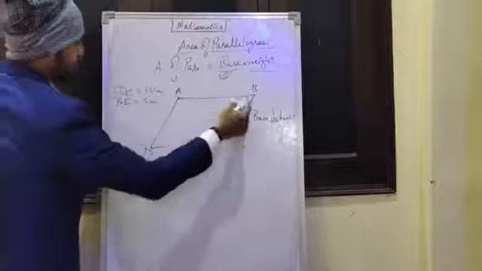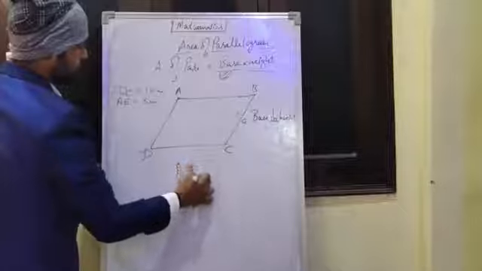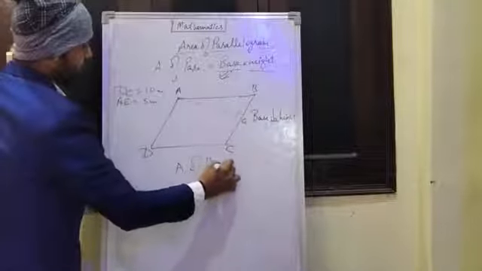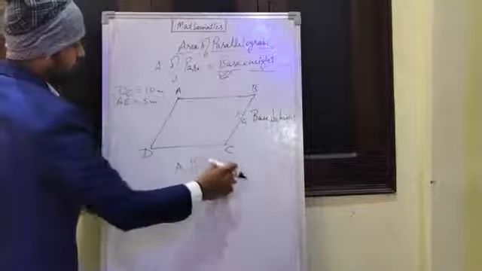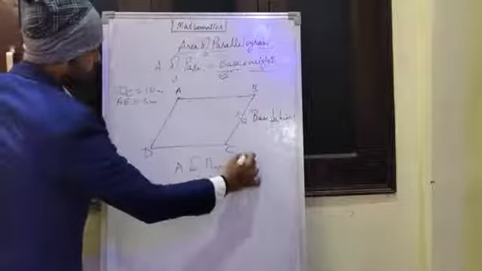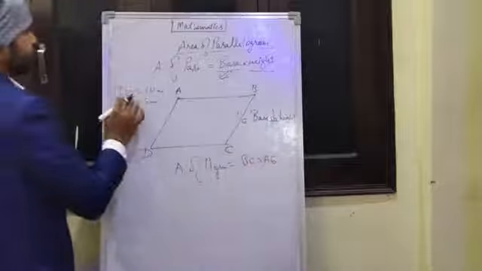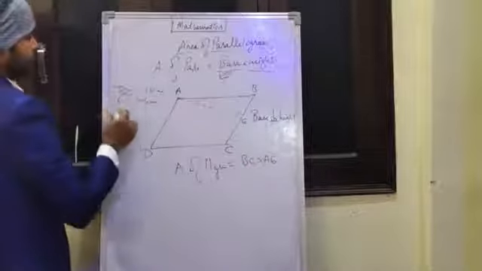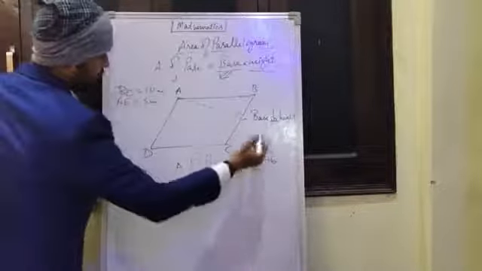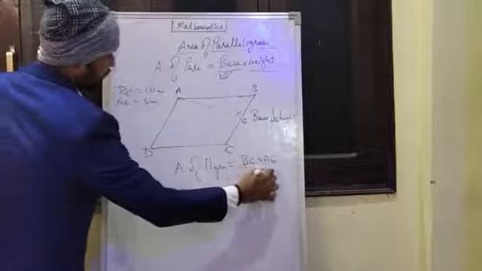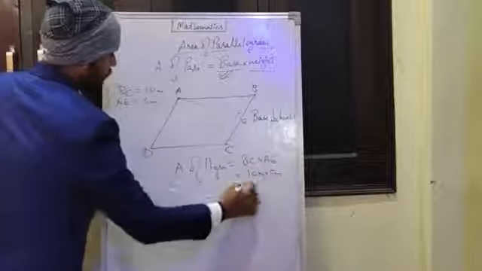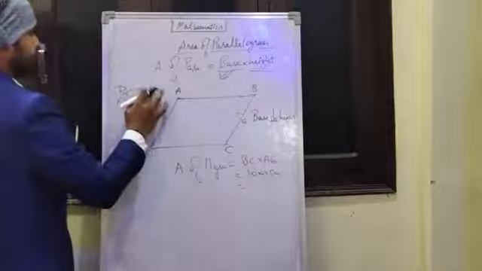Now here this will be acting as a height. Okay. So now the area of the parallelogram will be what? Parallelogram is written like this: you draw two vertical lines and write gm. That's it. Base will be BC, height is AE. Let's say BC is 10, AE is 5. Okay, the values can be different. Don't be confused.